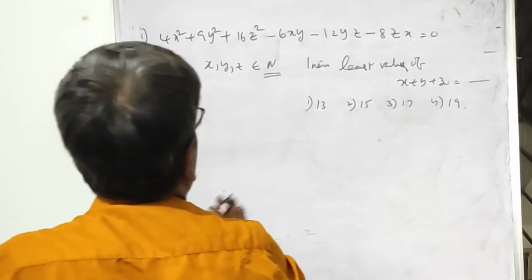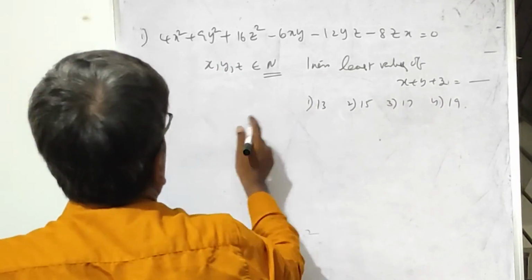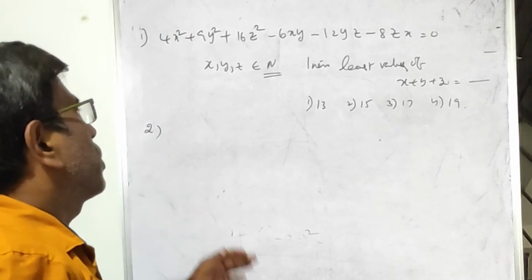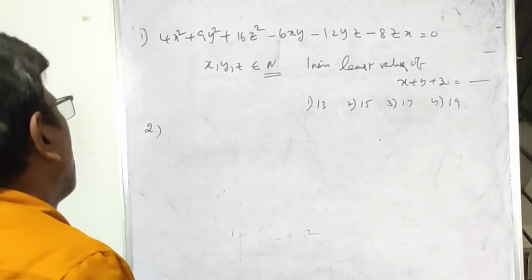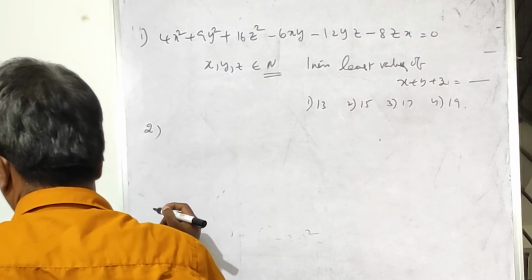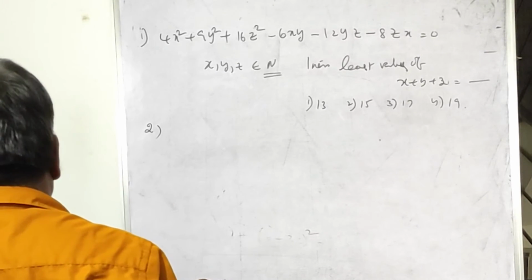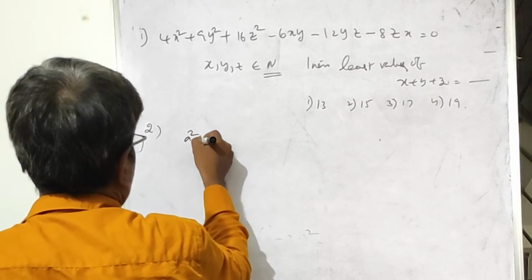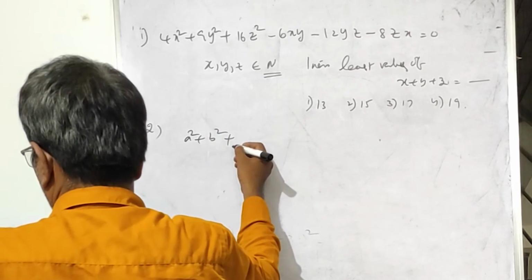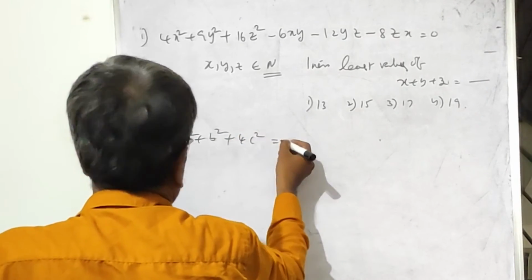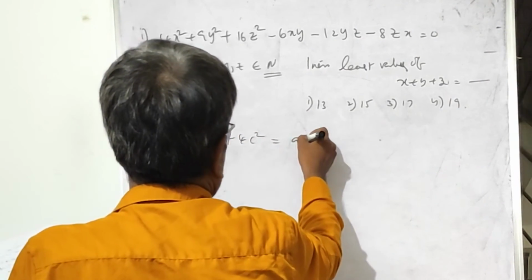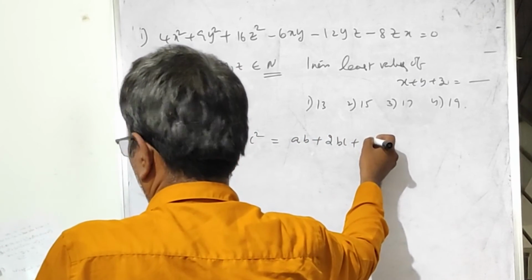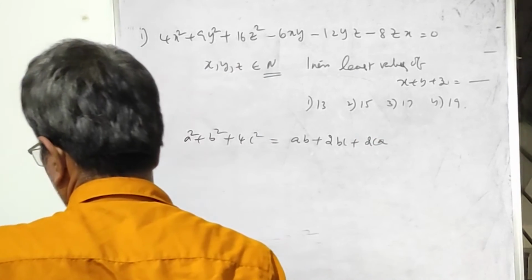So you practice this question. Same concept, same application. Please take the pen and paper and solve it. One more question I am giving: a square plus b square plus 4c square equals ab plus 2bc plus 2ca.